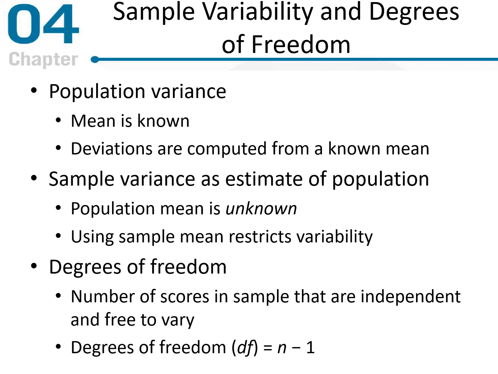So once I've calculated all the deviation scores, that last deviation score can't vary because the sum of all those deviation scores has to sum up to 0. So that last deviation score is then fixed. And if that deviation score is fixed, then obviously the actual raw score is fixed.